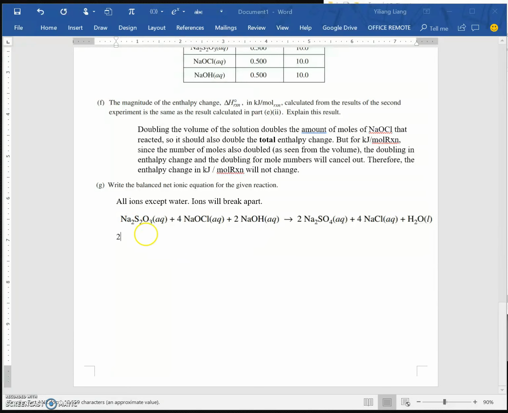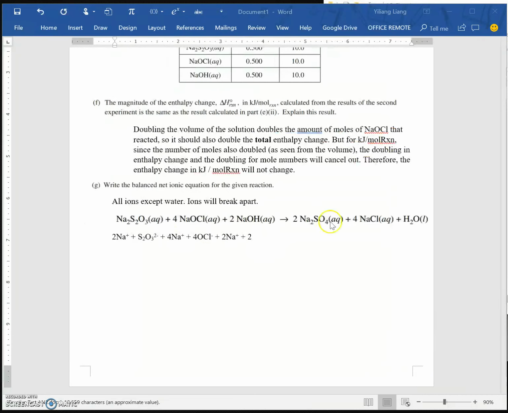So 2 Na plus, and this will become the ion S2O3 2 minus, plus 4 times Na plus, plus 4 OCl minus, plus 2 Na plus, plus 2 OH minus.